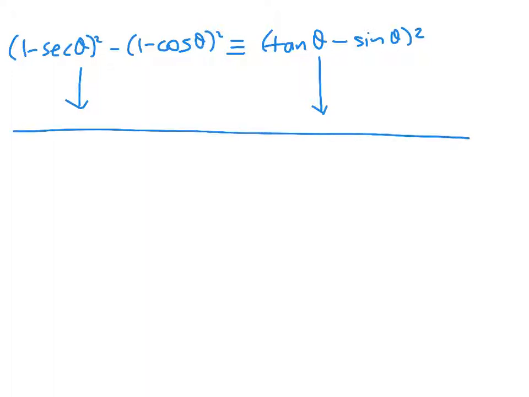I'm going to show you a slightly nicer way, which is the difference of two squares. So we'll start on the left hand side, and we recognise that here we've got something squared minus something else squared. We want to keep one eye on where we're going, so we're looking to get tans and sines coming out, and that will happen quite quickly.